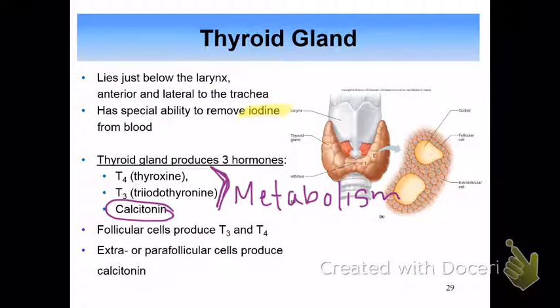Now, if you look at the picture, you'll see the follicular cells are on the outside. They require iodine. Write that in. Follicular cells require iodine, and they produce the T3 and T4. The extra cells, or parafollicular cells, that's these, release the calcitonin.